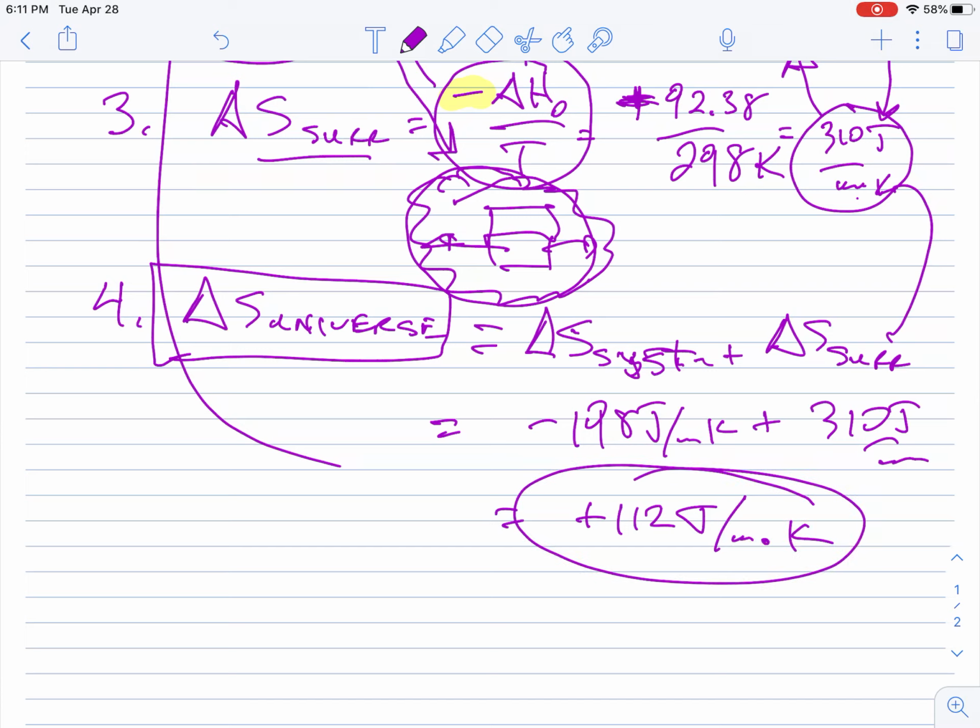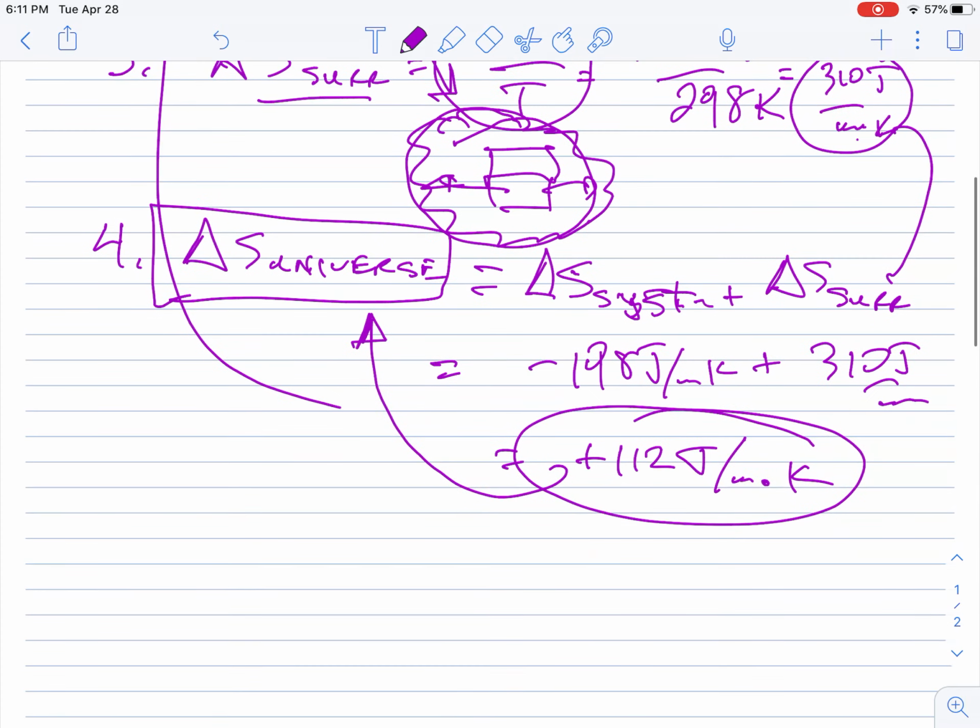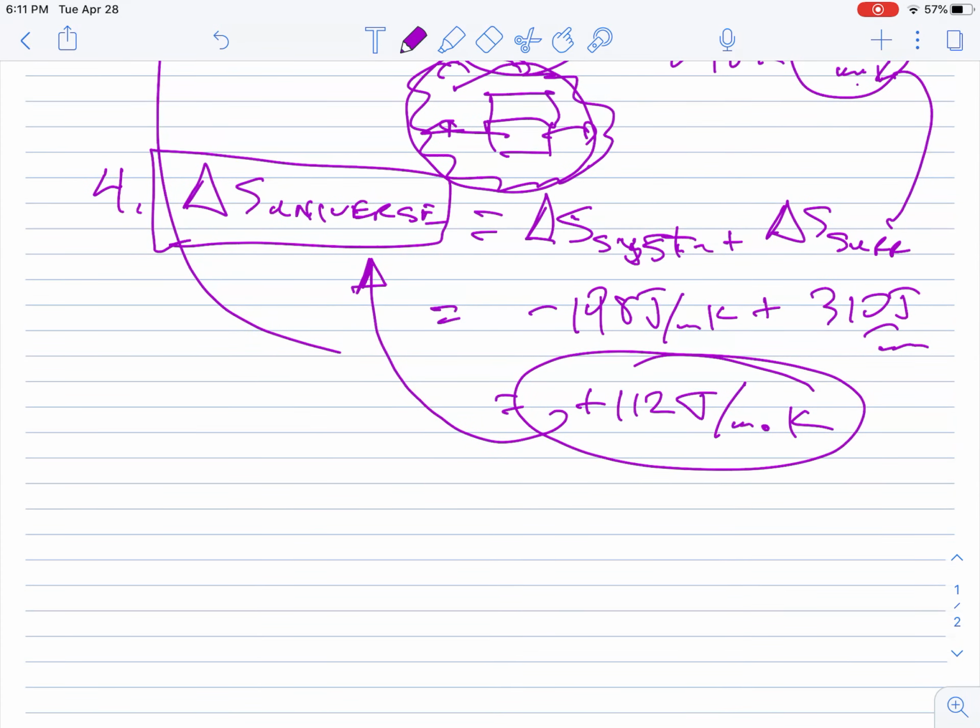And that matches with what we think should happen because this reaction is spontaneous. Therefore, it is increasing the entropy of the universe. And there we go. All right. So we're good with this.